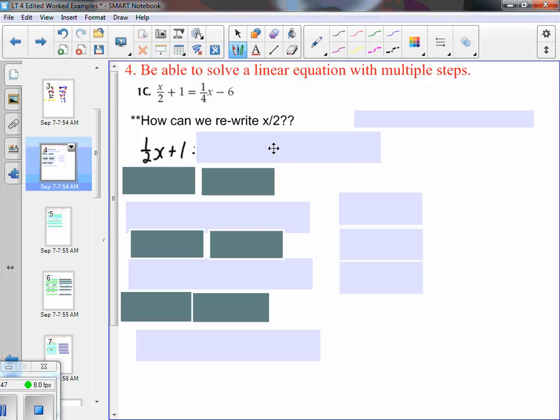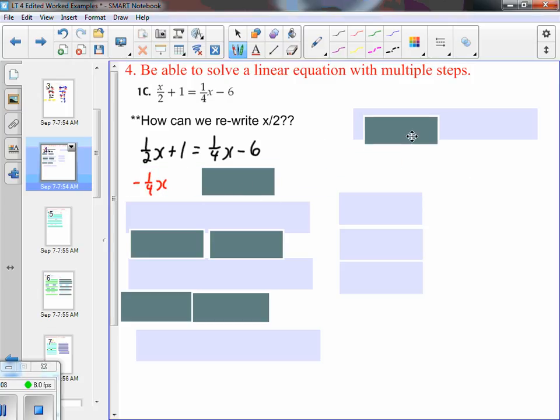So do that first, because nobody really likes the x over 2. I mean, it's a little bit less to write, but it's harder to work with. So I changed the x over 2 to 1/2 x, and then I'm back in business. I want to get the x on one side, the numbers on the other. I'm going to subtract 1/4 x from both sides.